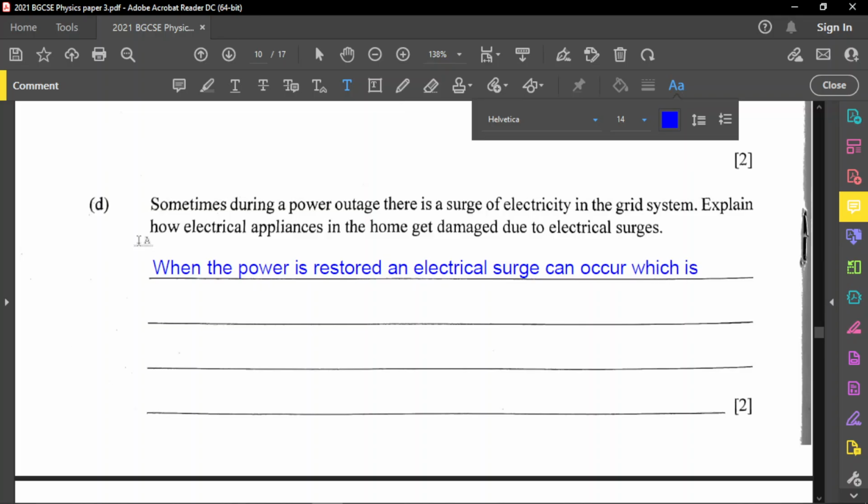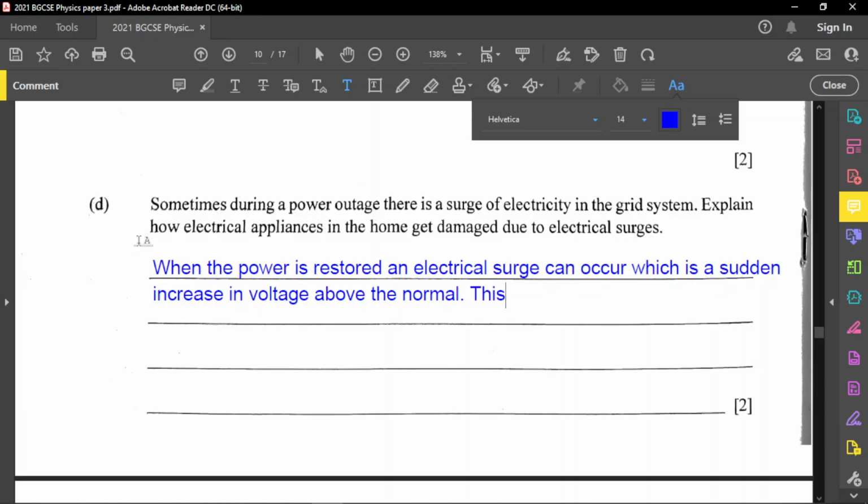which is a sudden increase in voltage. And this is generally in voltage above the normal. And so this results in high current.